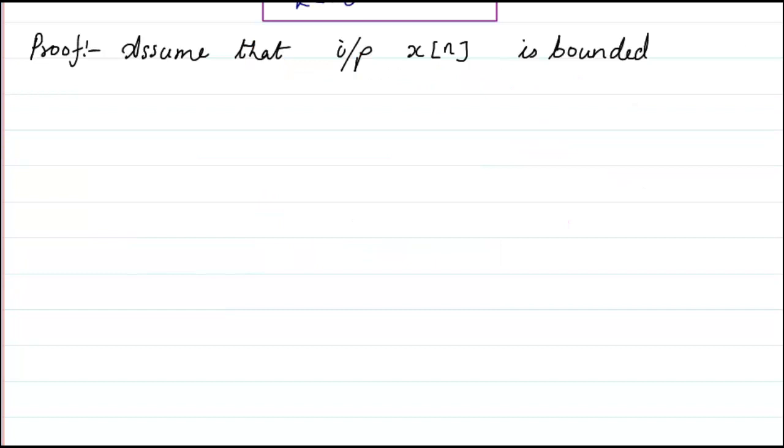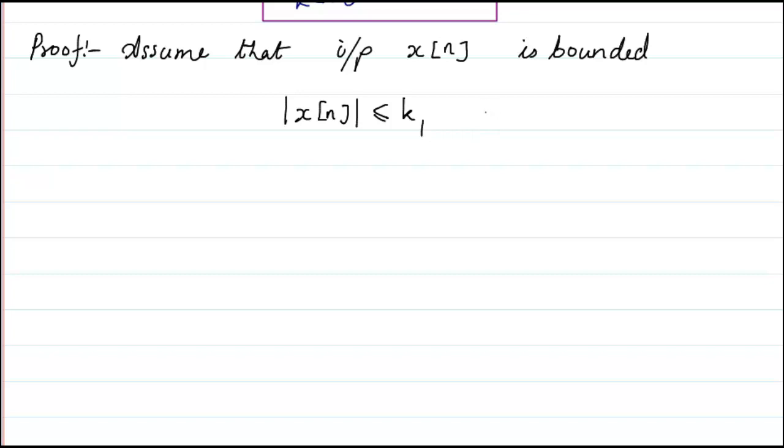So we will start with the assumption that x of n is bounded. That means the absolute value of x of n is always going to be less than or equal to, let's say, k1, because I'm going to use k.